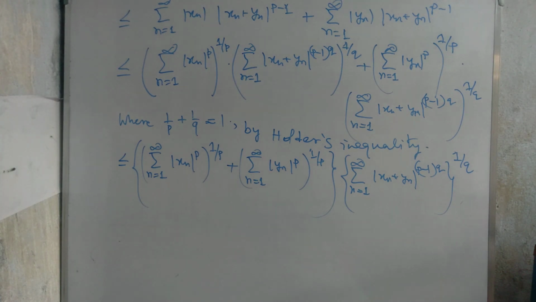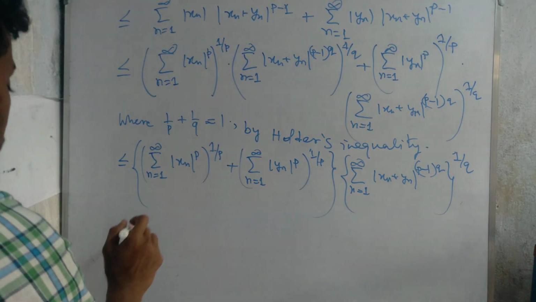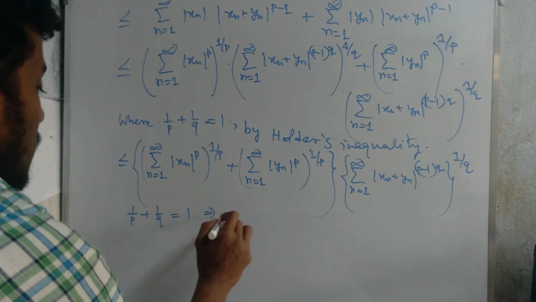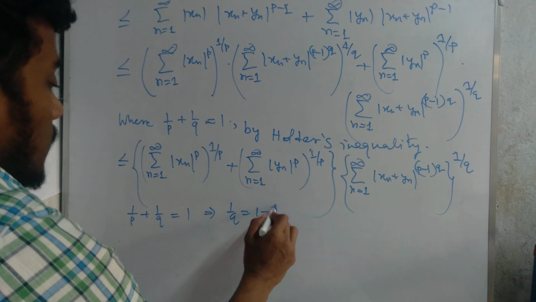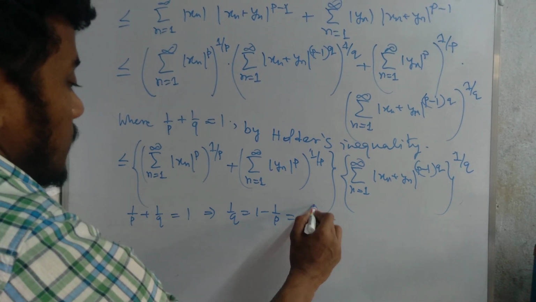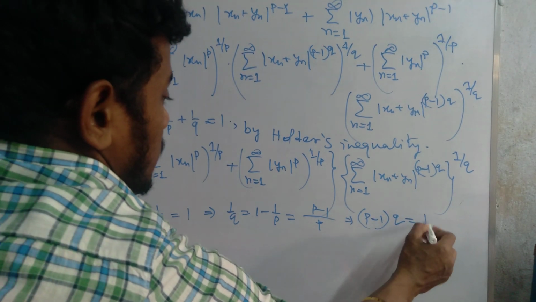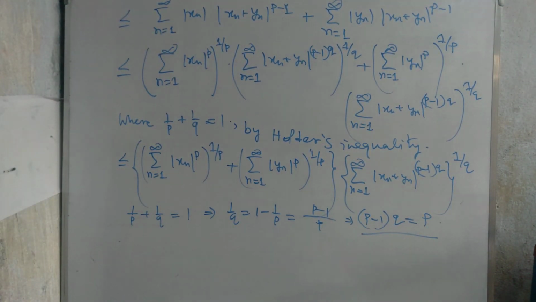Now from 1 by p plus 1 by q equal to 1, we get 1 by q equal to (p minus 1) by p, which implies (p minus 1) into q equals p.